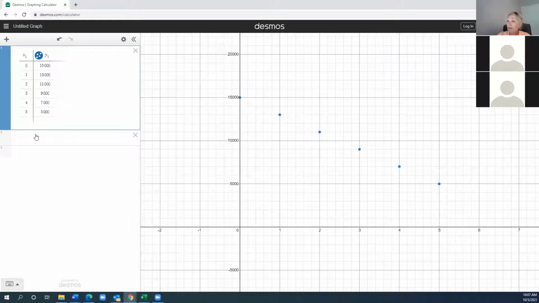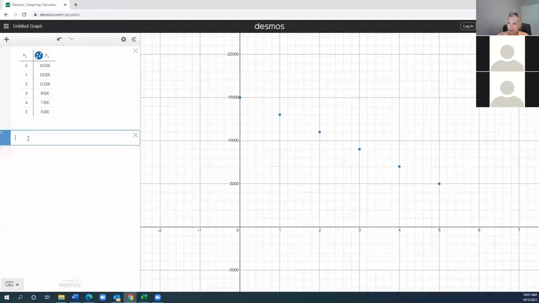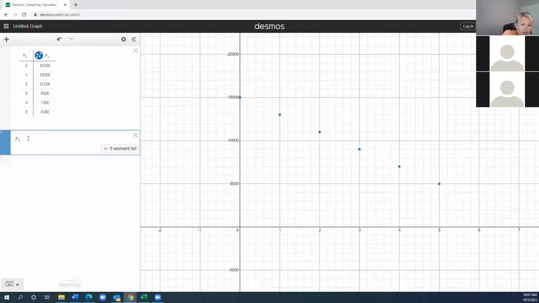Now, because I think it's linear, I want to confirm what I think the slope and the y-intercept are. Here on number 2, in this line, I'm going to type y1. I want to predict y1. So when I'm predicting with data, I have to use this little tilde squiggly, which is to the left of your 1 key. So shift in that key gives me the tilde.